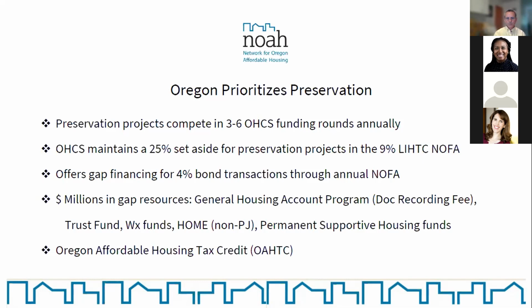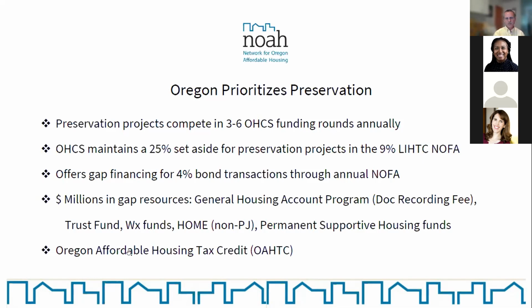And there's a group of us working on the legislature this year to increase that funding amount significantly. The funds that we lost were $20 million that did not come about because of the canceled NOFA.